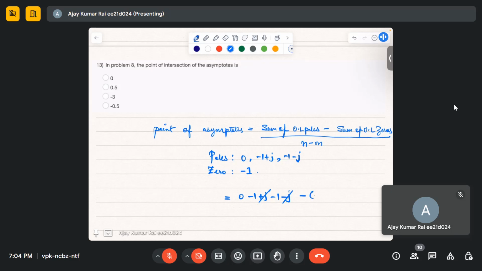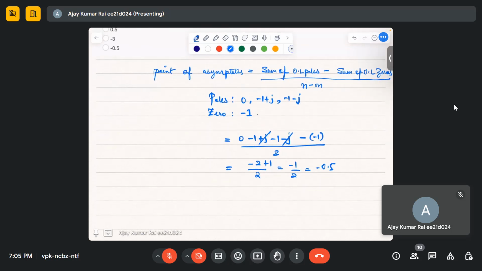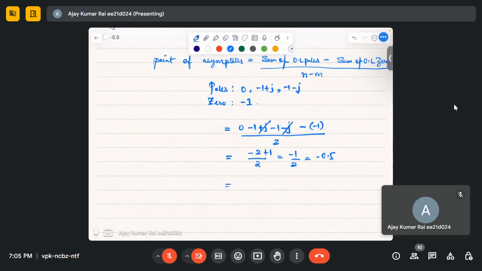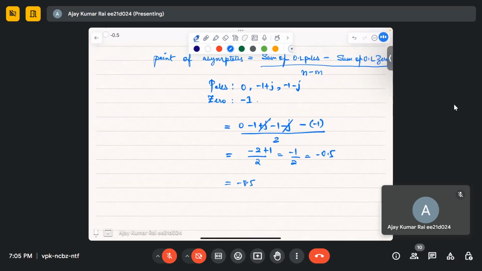So minus of minus 1 by, n is 3 minus 1, so this will be 2. So what you'll get is minus 2 plus 1 by 2, minus 0.5. So the answer is minus 0.5. So the point of intersection of asymptotes will be minus 0.5.